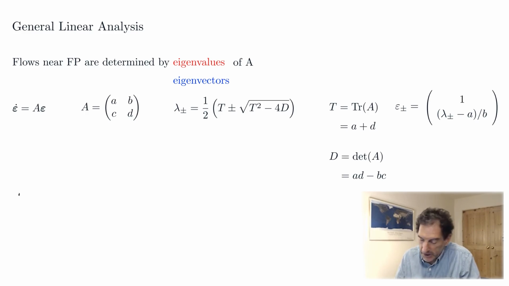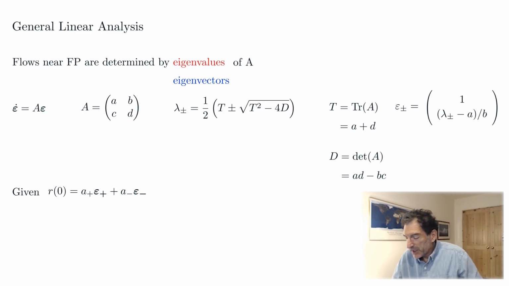The main point is that if we're given any vector r that's lying in this two-dimensional linearized state space, it can be decomposed as A plus epsilon plus plus A minus epsilon minus. As long as the eigenvectors are not parallel, which is generally not the case, then they span a two-dimensional space, and any arbitrary point in that space can be decomposed as a linear combination of the two eigenvectors.